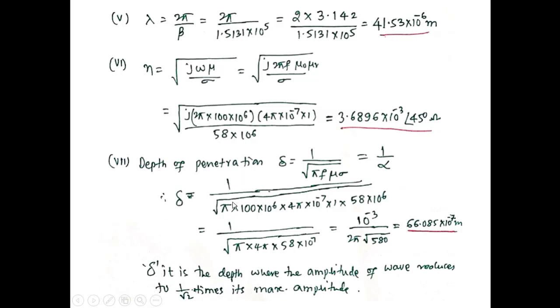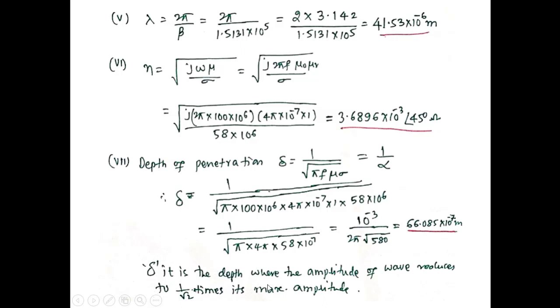Delta is equal to 1 by under root of pi, f is 10 raised to 8 into mu naught is 4 pi into 10 raised to minus 7, mu r is 1, and sigma is equal to 58 into 10 raised to 6. If we simplify this, you get 1 divided by under root of pi into 4 pi into 58 into 10 raised to 7. This is equal to 10 raised to minus 3 root 2 pi into under root of 580. This is equal to 66.085 into 10 raised to minus 7 meter.